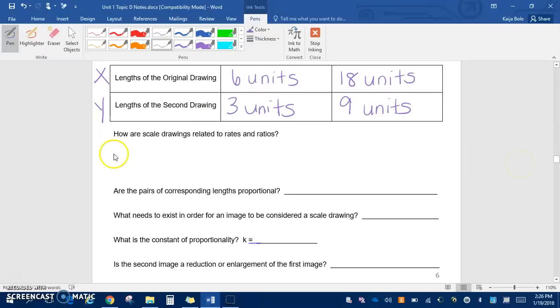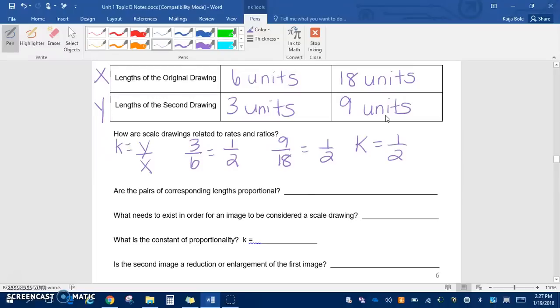So, one solid go-to is always using K, and we know K is Y over X. So for that first one, if we take Y over X, we would have 3 over 6, and if we simplify that, we get 1/2. And then if we do the other half of the measurements, we would have 9 over 18, and when we simplify that, we also get 1/2. So we can say that our K is 1/2 for this set of measurements.